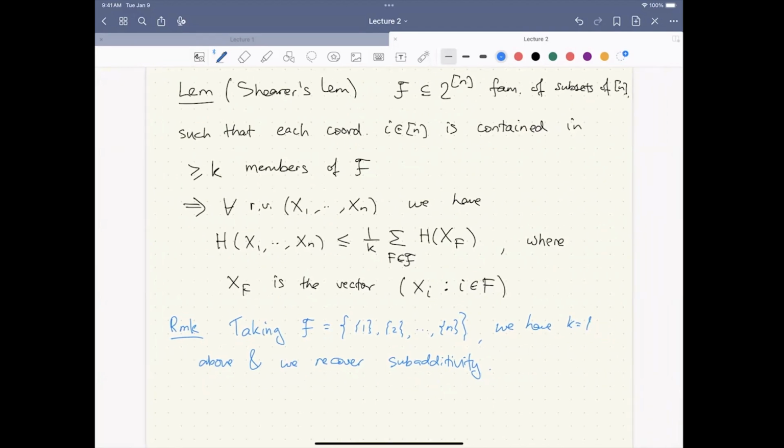The way we're going to prove it, we're going to prove an equivalent version in the probabilistic form, somewhat cleaner. Instead of a deterministic family of subsets, let's think of sampling uniform random sets from this F. So we think of a random subset of [n] now.